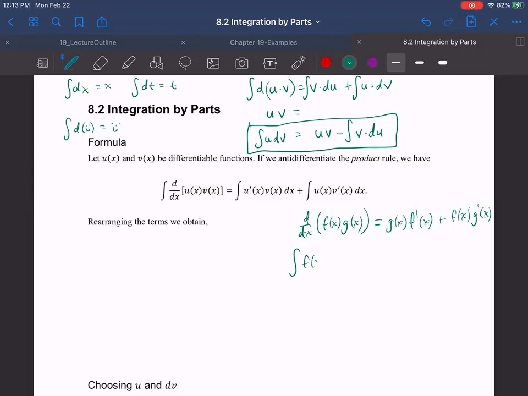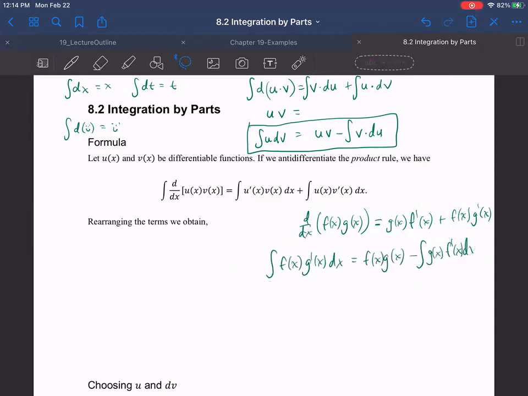Integral f of x g prime of x dx, go through the same steps, is going to equal g of x f of x, or f of x g of x, doesn't really matter, but I'll just make it less complicated. f of x g of x minus integral g of x f prime of x dx, if you prefer it that way, as I run out of room.